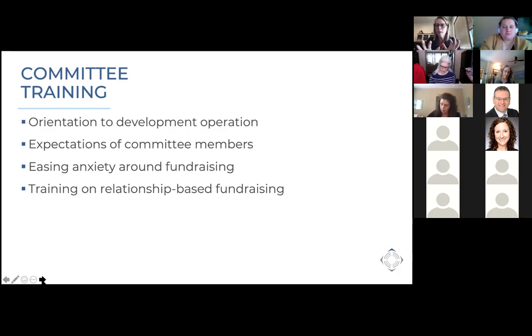And anyway, you can go on and on about how that may look, but training them on this kind of donor-centric mindset gives them a different lens and a different voice at the board table to say, this is why we need the board looking at it this way.